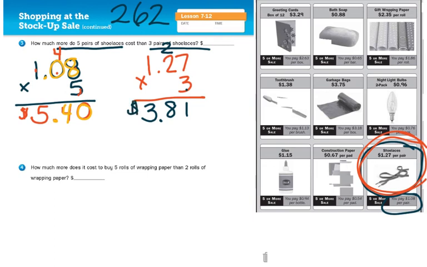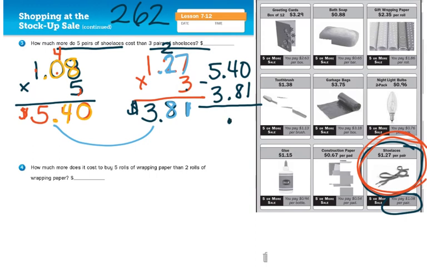Here's the shortcut. There are 2 numbers behind the decimal point in our problem, 2 numbers behind the decimal point in our answer. Still not answering the question. It's asking what's the difference between those 2 numbers. So I'm going to take the larger amount and subtract the smaller amount.